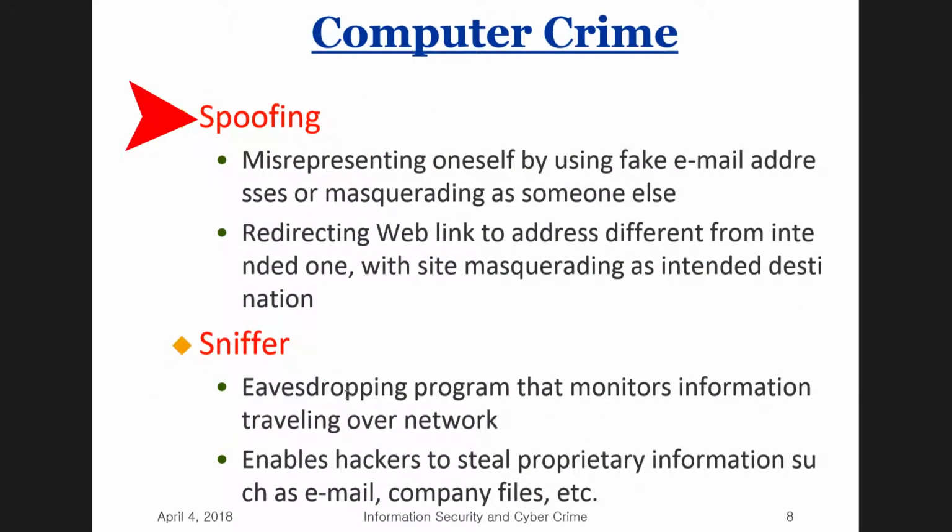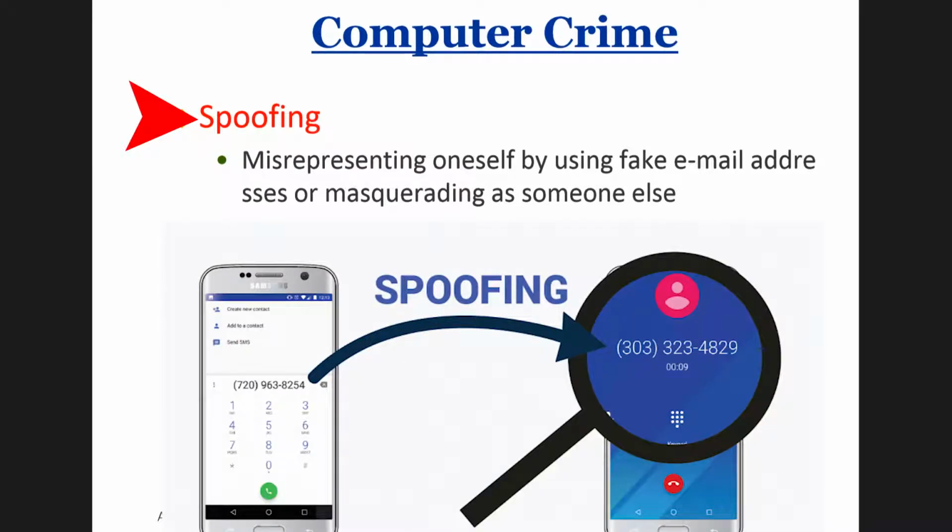We have spoofing. Now what is spoofing? Misrepresenting oneself by using a fake email address or masquerading as someone else. Suppose you are connected to your client. You need to send email to your client consistently. You are really busy sending data, information, pictures, etc. But the particular client's email is not original, it is fake, yet you are sending your data to that person.